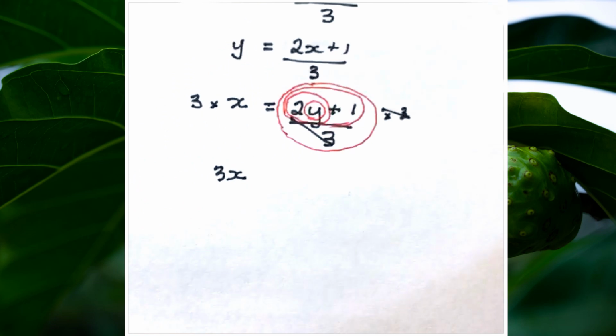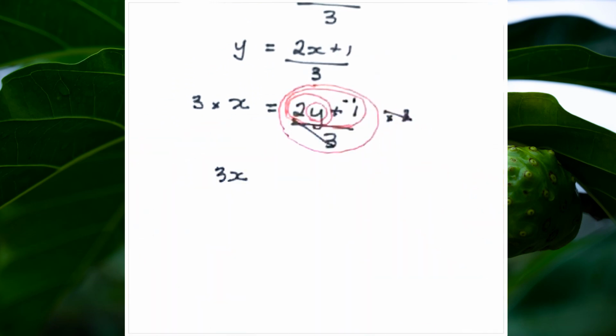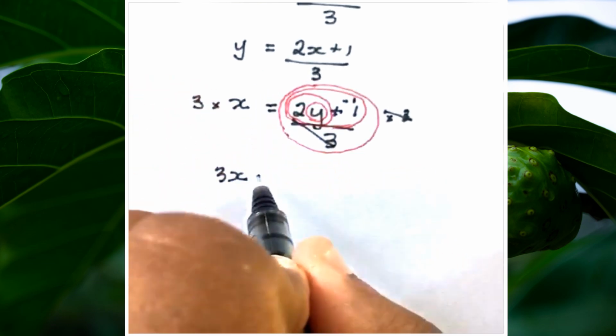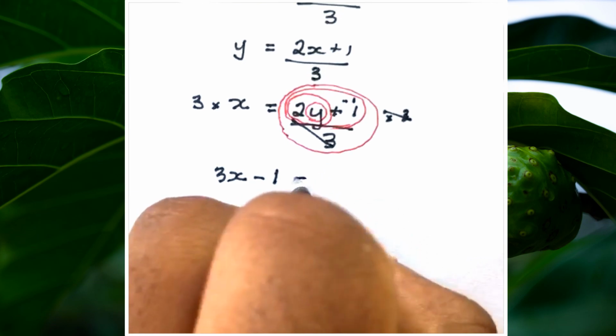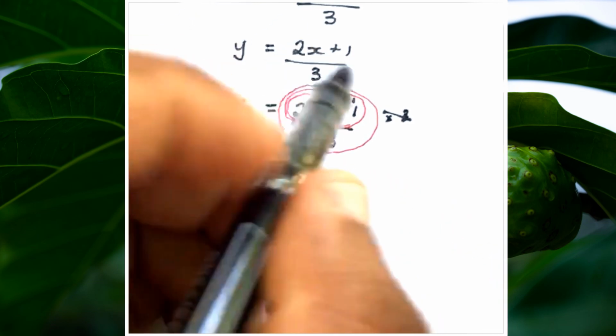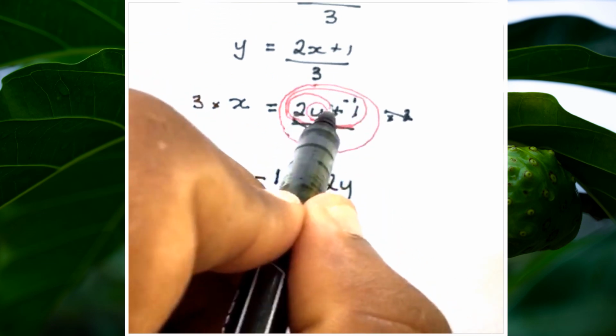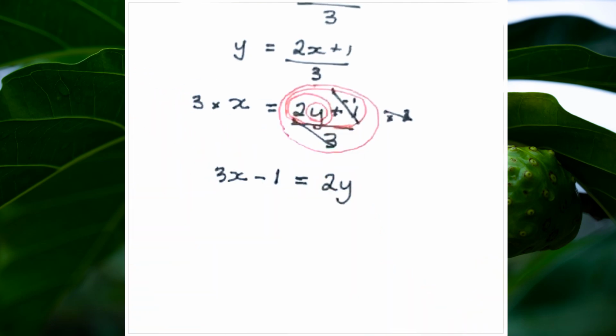So I'm going to do the opposite of plus 1, which is subtract 1. So I'm going to have to do that from both sides. So I have 3x minus 1 is now equal to 2y. Because this plus 1 is cancelled by this minus 1.